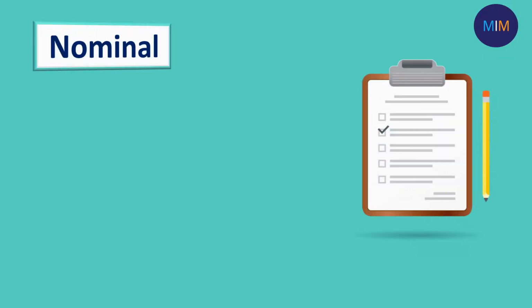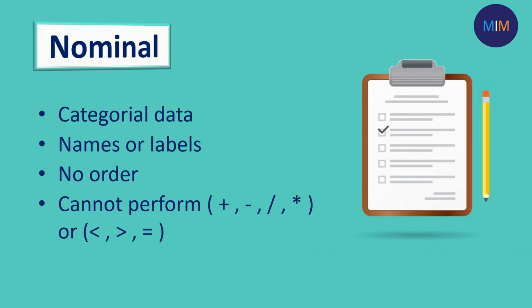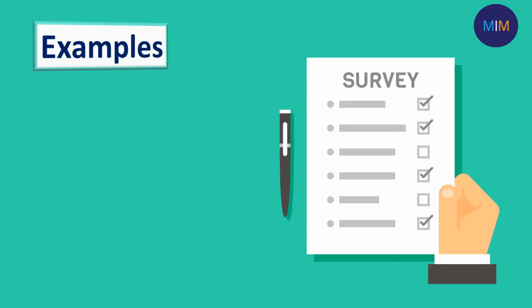Nominal scale is categorical data used for labeling variables, without any quantitative value. Nominal scales are kind of like names or labels. Nominal data has no order. You cannot perform arithmetic or logical operations on the nominal data. Here are some examples. While filling out the survey, you see questions like what's your name?